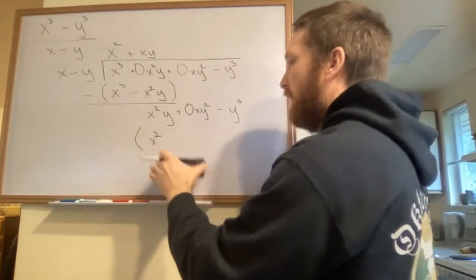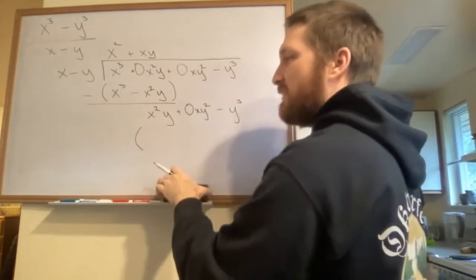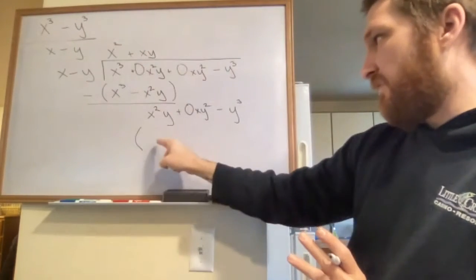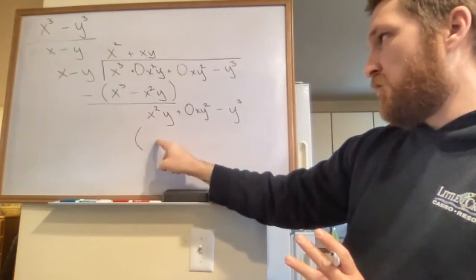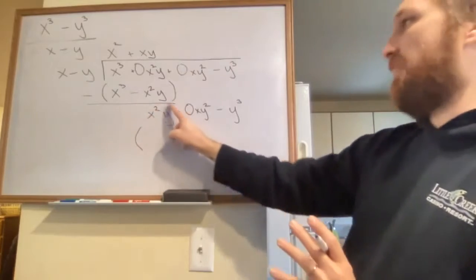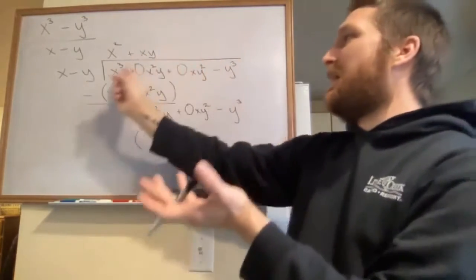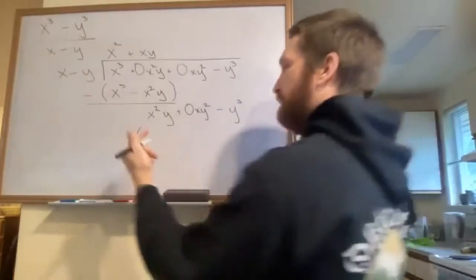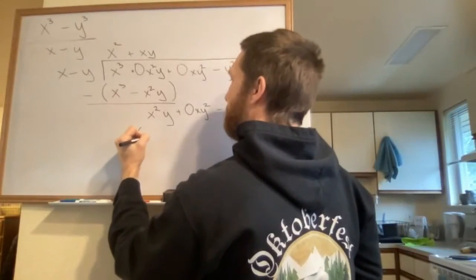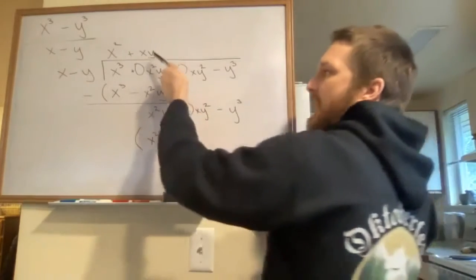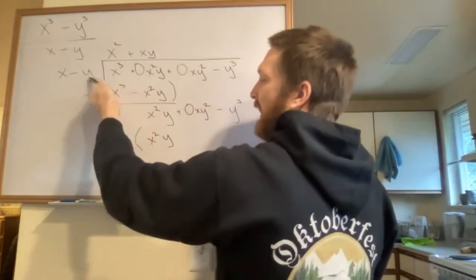That's what I mean by checking ourselves as we move along. If you've done this part right, then the very first thing that shows up here should be exactly that thing right there. So when I do this, xy times x gives me what? x squared y, which it had better. Now I do xy times that and I get what?